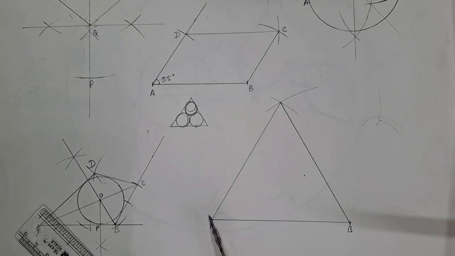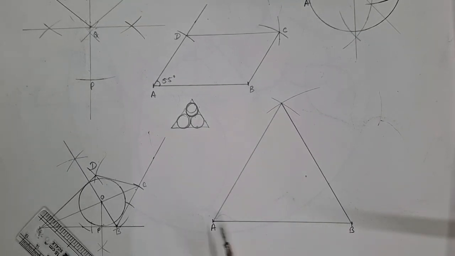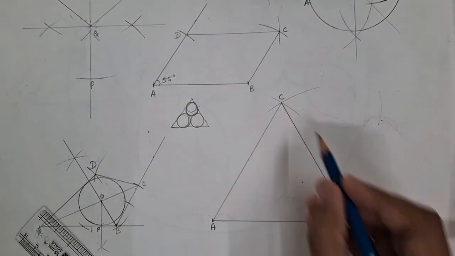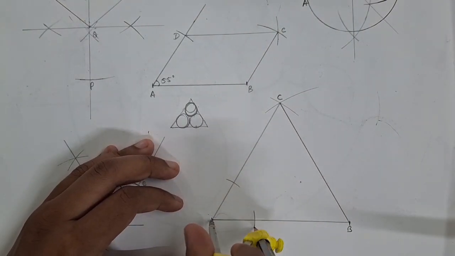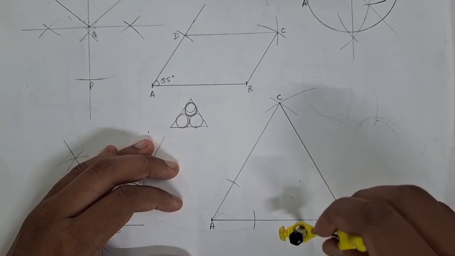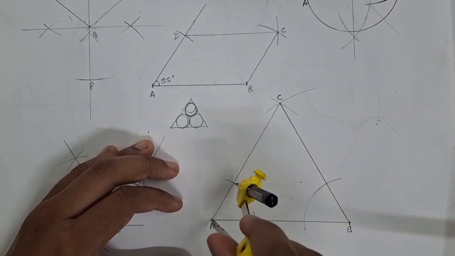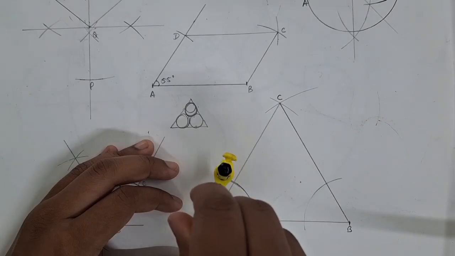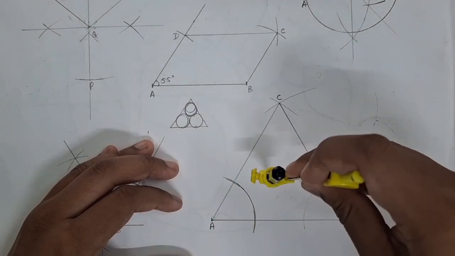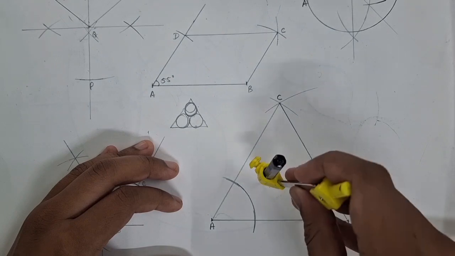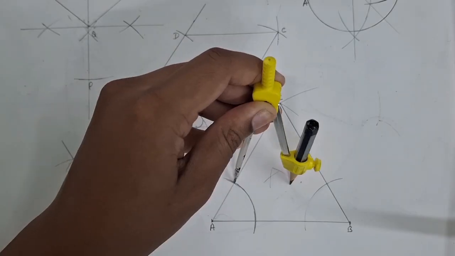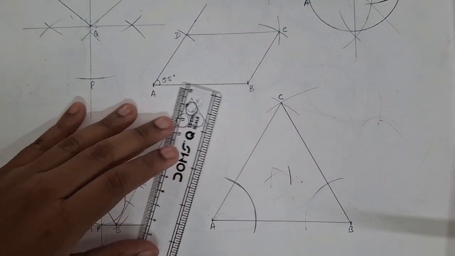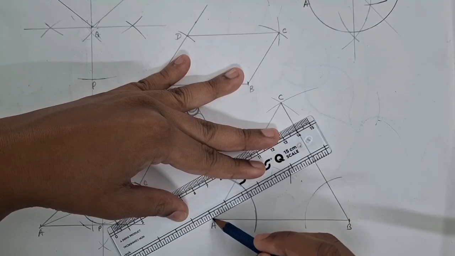Okay, bisect any two angles. So I will bisect these two angles at the base, that is CAB and CBA. So it's very easy, we will do it with angle bisection. Join the points.